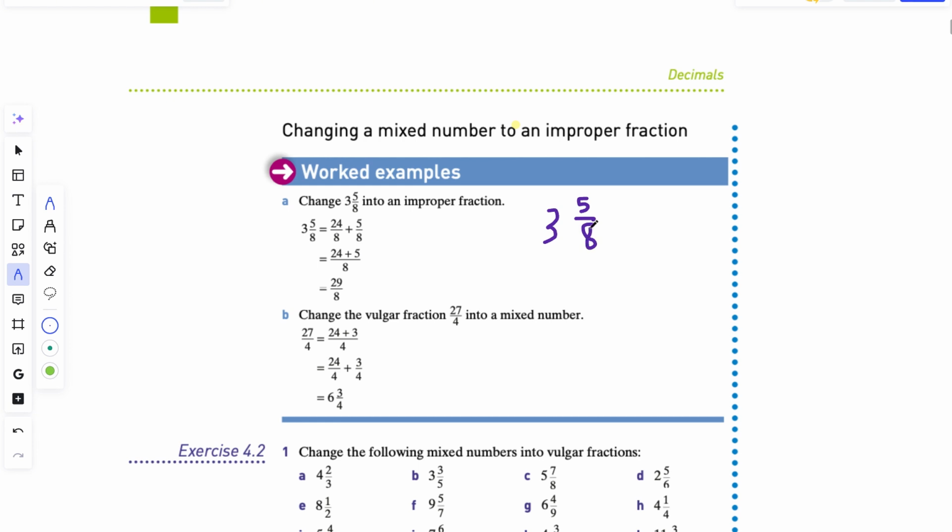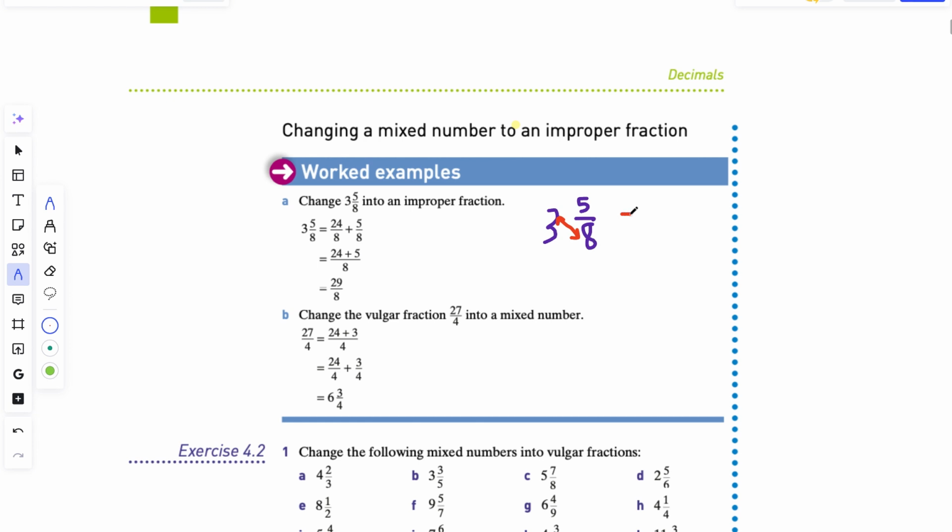We use the denominator to multiply the whole number, and then we add the numerator. So we say 3 times 8. We multiply the whole number with the denominator.